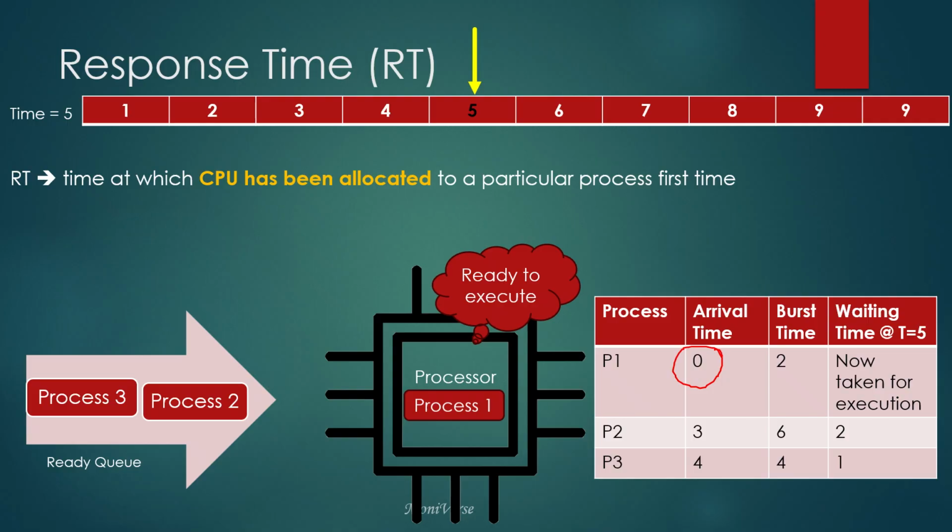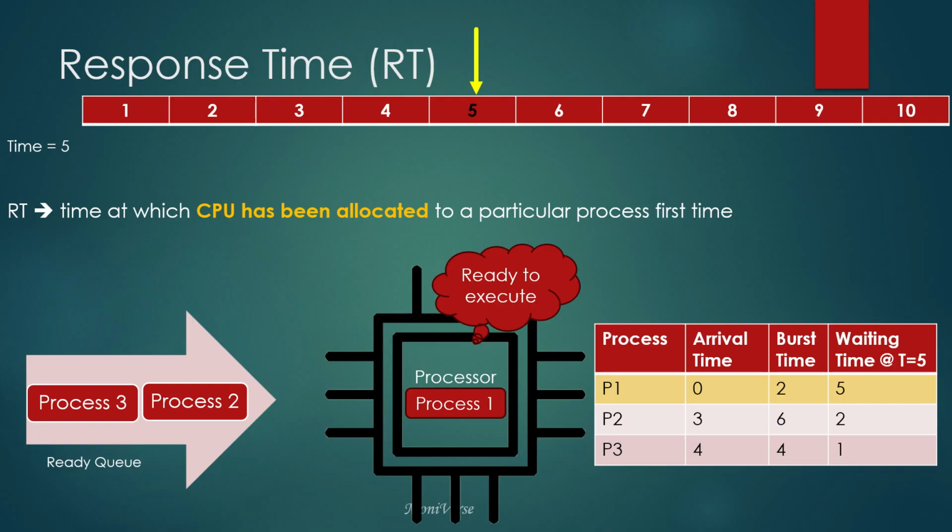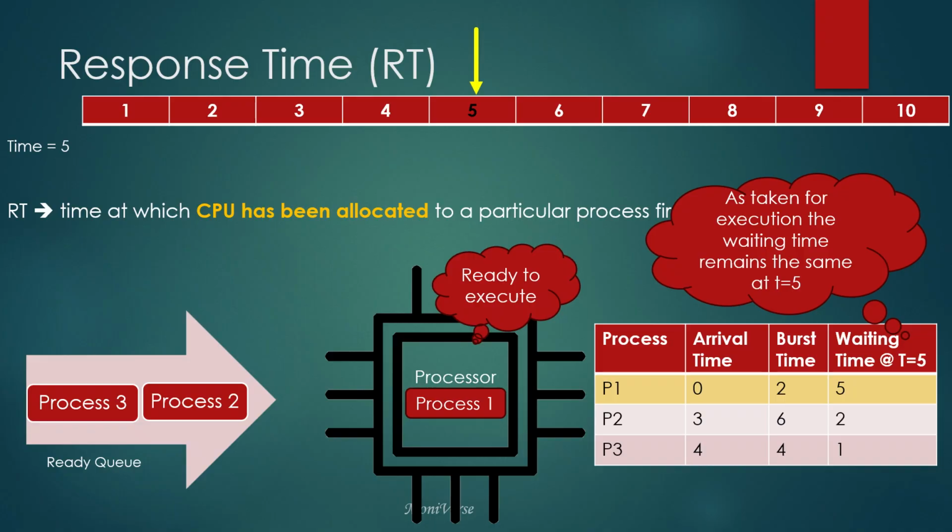The waiting time is generally calculated as response time minus the arrival time. The response time is 5 and it arrived at 0, so the waiting time is 5. It is being executed here and we are calculating the waiting time.